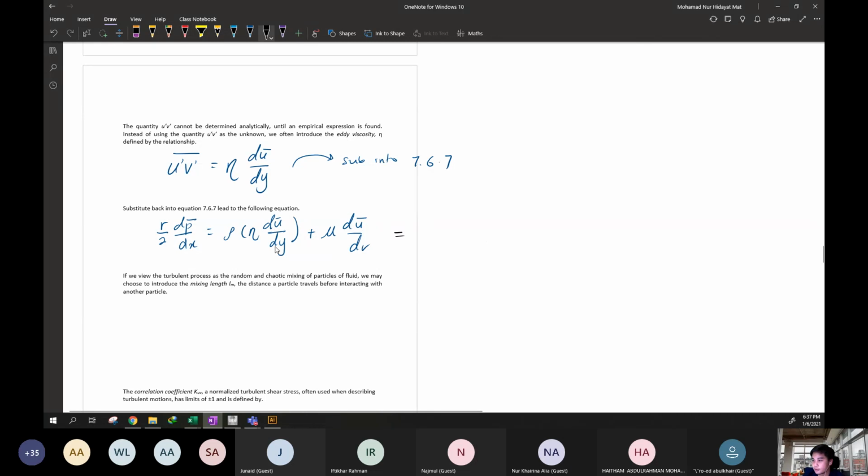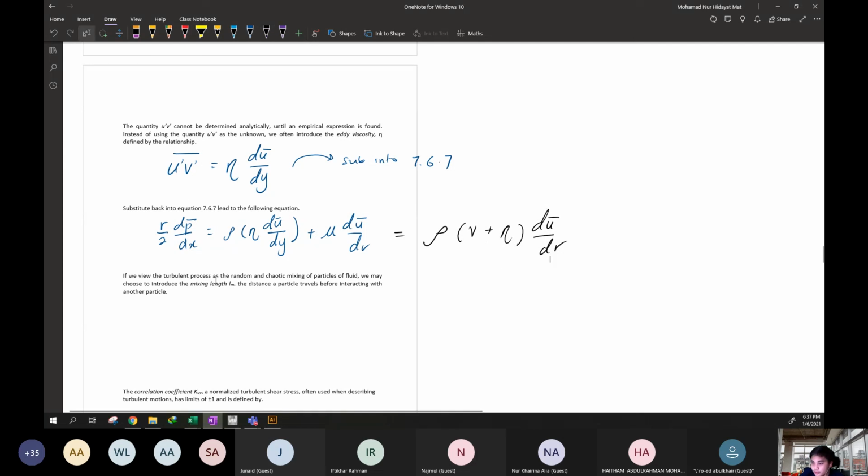Du over dy we can replace with du over dr. Okay, and finally we'll form this one, so v plus v du over dr.